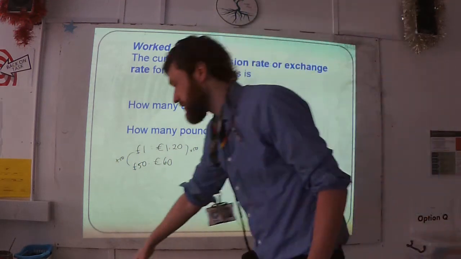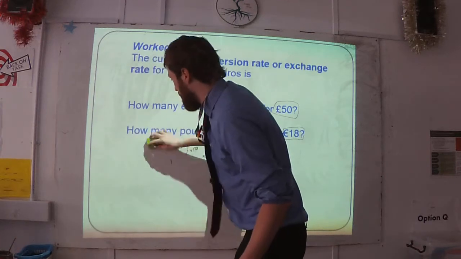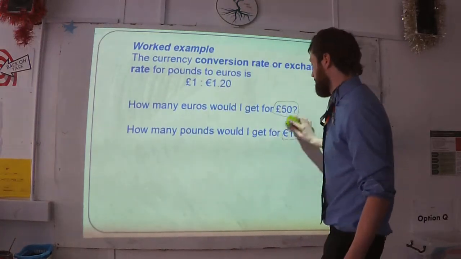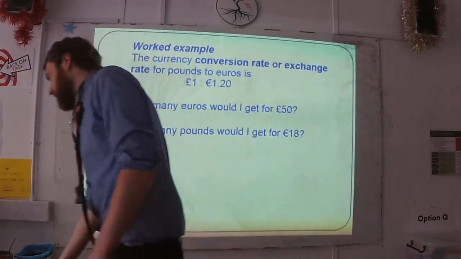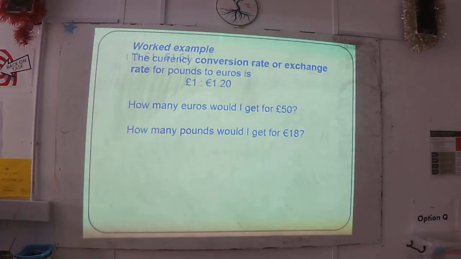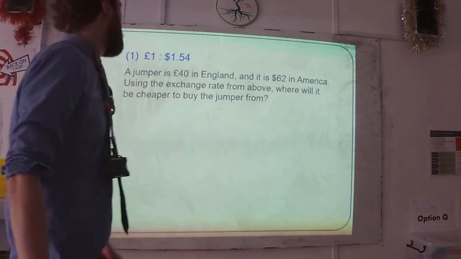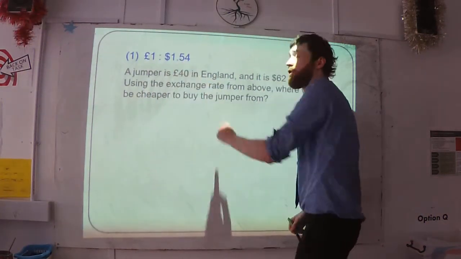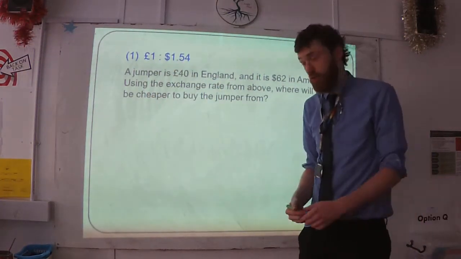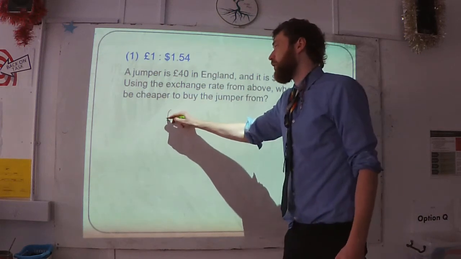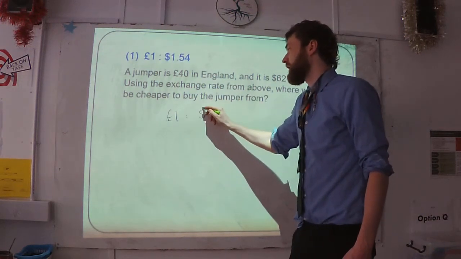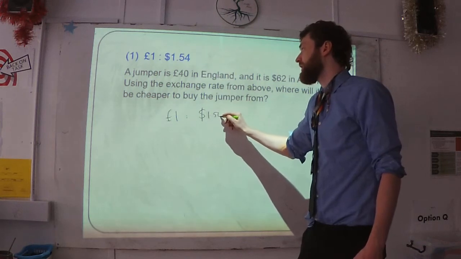Okay, so that is two questions on exchange rate for you guys. Right, here's another one. This time they say £1 is $1.54, so we must be talking probably about America, I'm assuming. So I'll write that down here: £1 is the same as $1.54.